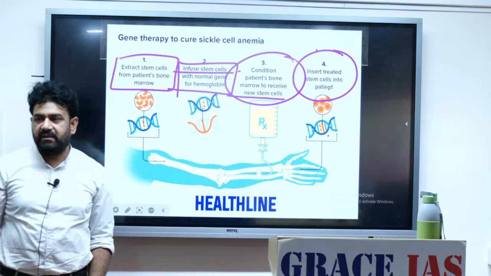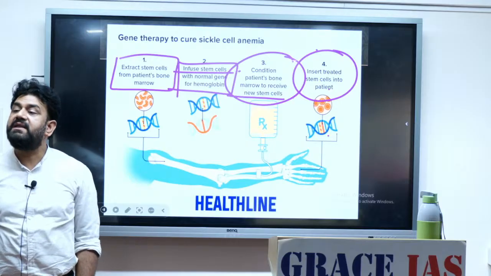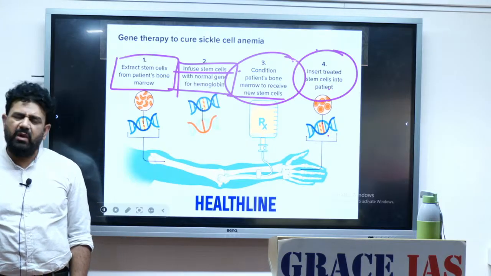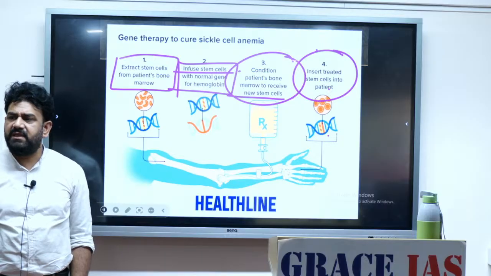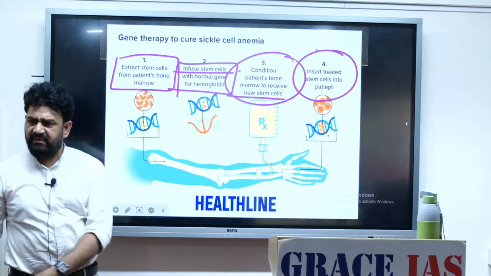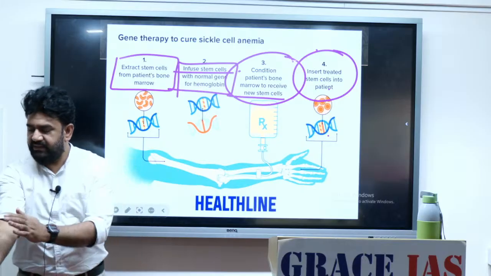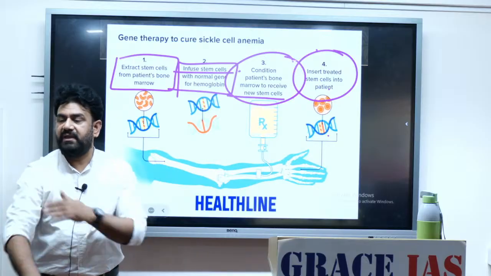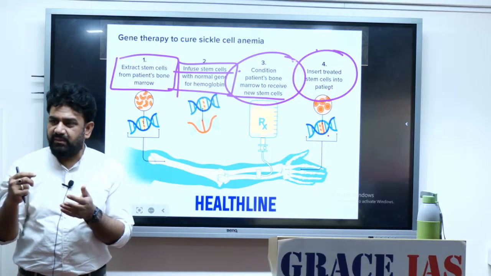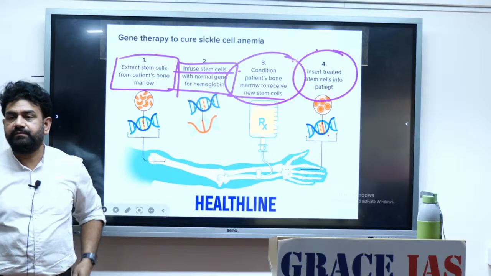This is one method. Another method is bone marrow transplantation. Old method. What is bone marrow transplantation? Take all the bone marrow cells out, from every bone, major bones, long bones, femur, tibia, radius, ulna, all these long bones, by a surgical process, cut and remove all the bone marrow, and give new bone marrow.